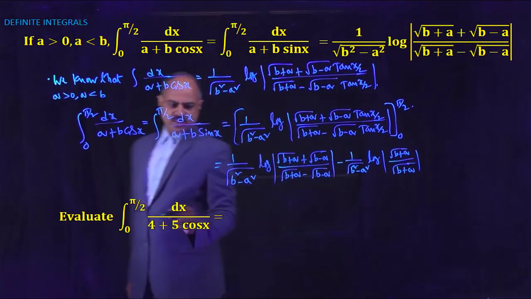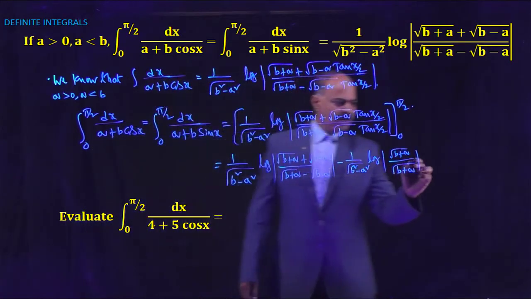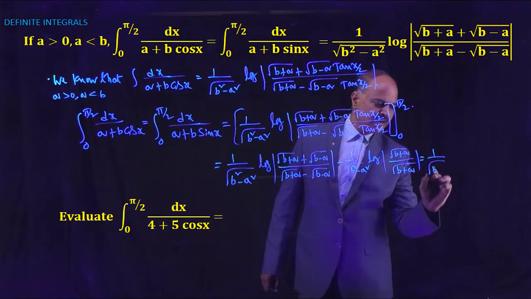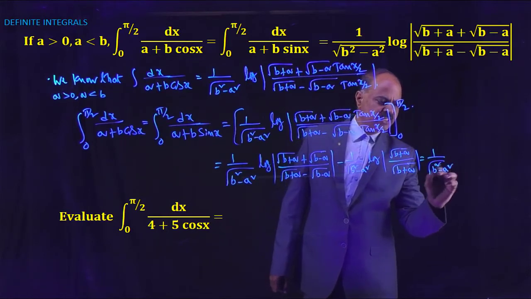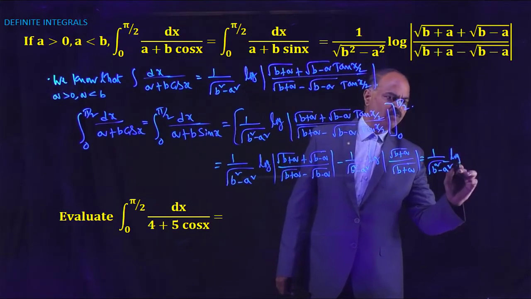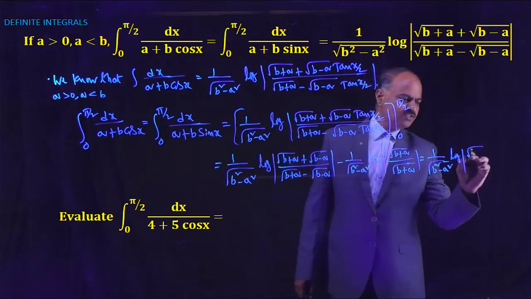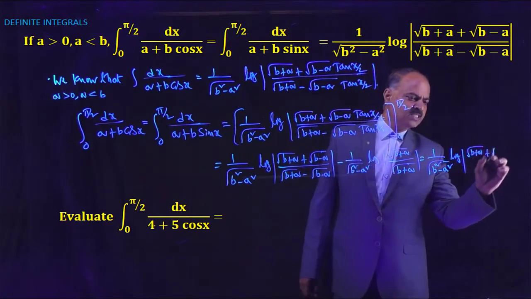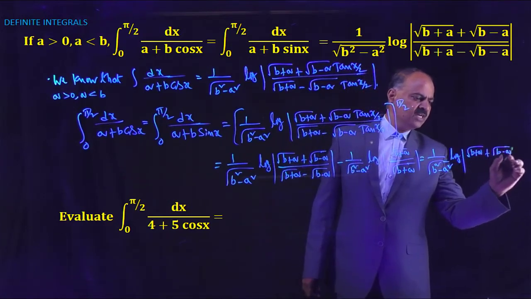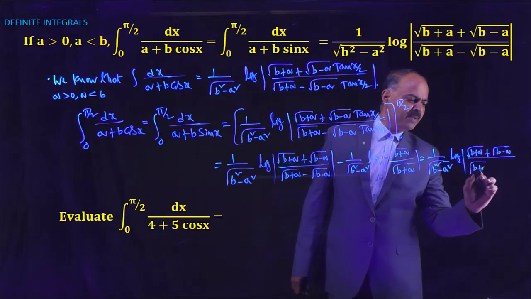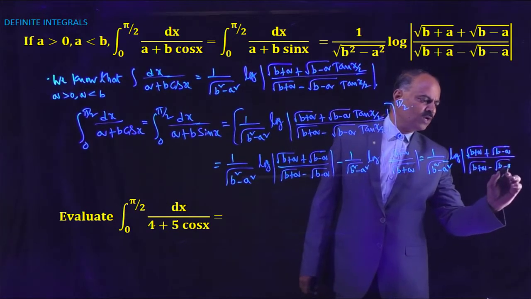Now this is equal to 1 by root over b square minus a square into log modulus of (square root of b plus a plus square root of b minus a) divided by (square root of b plus a minus square root of b minus a).